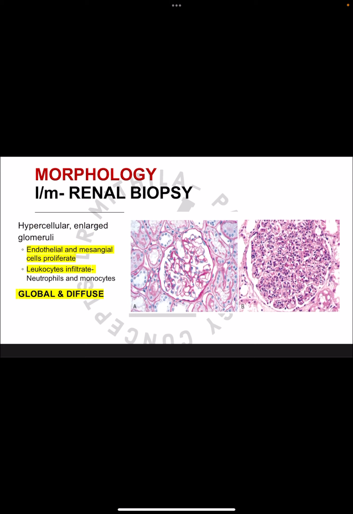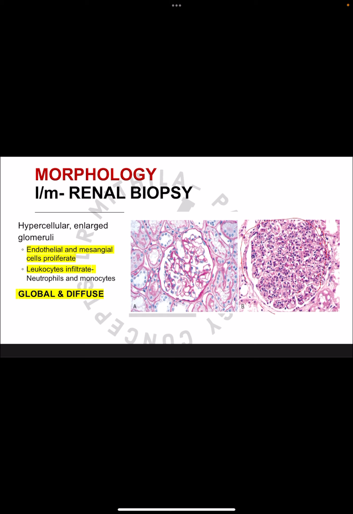I already told you that because of this complement activation, there is damage to the glomeruli. There is recruitment of the neutrophils and monocytes. So there will be an infiltrate of leukocytes, especially neutrophils and monocytes, within the glomeruli. And also there is proliferation of the endothelial and mesangial cells, and because of which the glomeruli become enlarged and cellular.